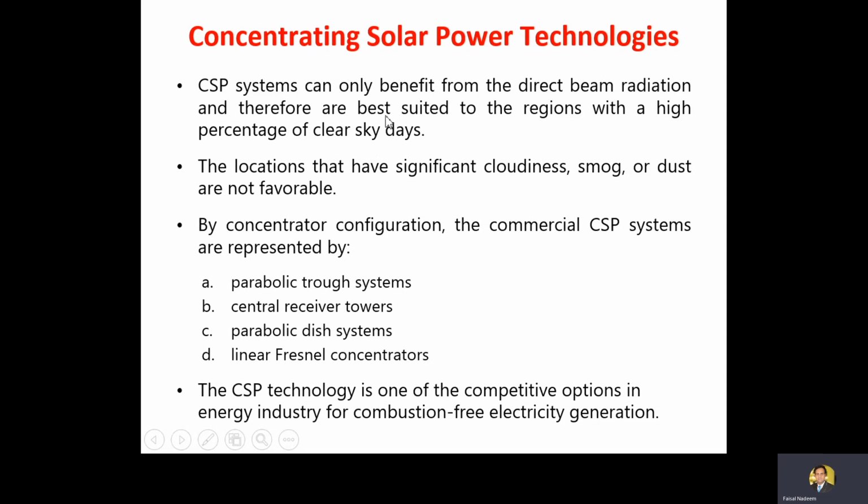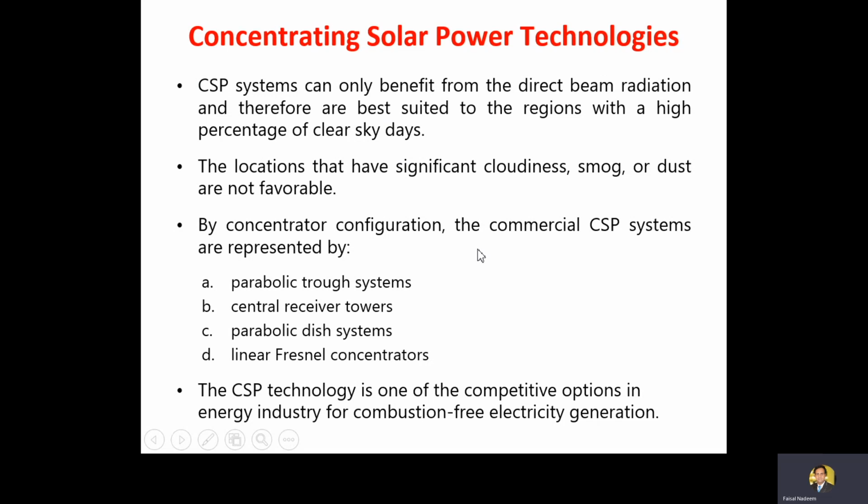So these solar thermal technologies and concentrated PV technologies that we have discussed are best suited for areas with high direct beam irradiance, and these areas are not that many in the world. Therefore, they get less acceptance from society compared to PV technologies, which are more flexible. Locations with significant cloudiness, smog, or dust are not favorable for concentrated solar technologies.